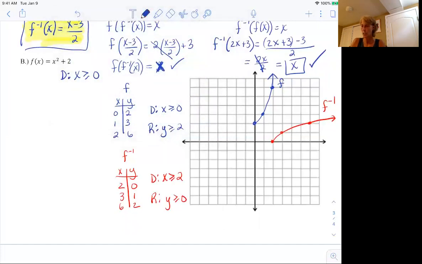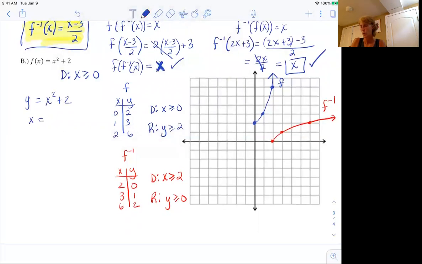Let's find the equation. y equals x squared plus 2. x equals y squared plus 2. x minus 2 equals y squared. I want to undo that y squared, right? I want to solve for y.